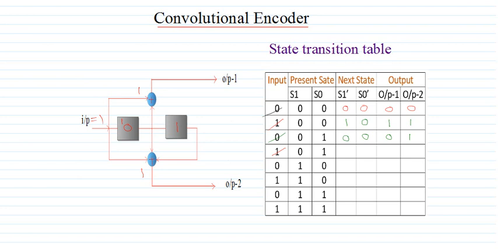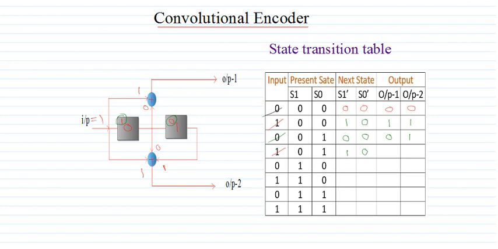So the moment this 1 comes here, this 0 will be pushed out and it is entering here, and this 0 will go here, the 0 will come here also. The moment this 0 enters, this 1 will come out here. Now observe, this 1 and this 0 will form the next state variables, that is 1 and 0.